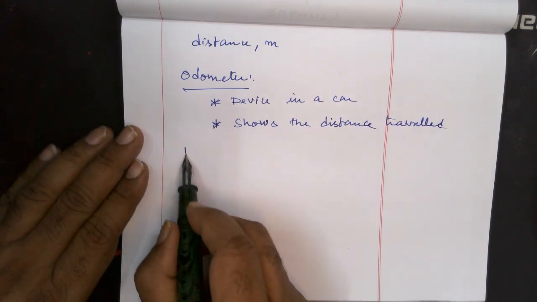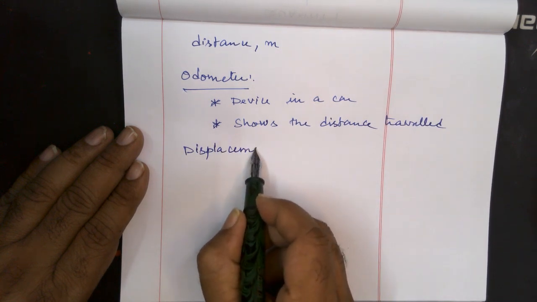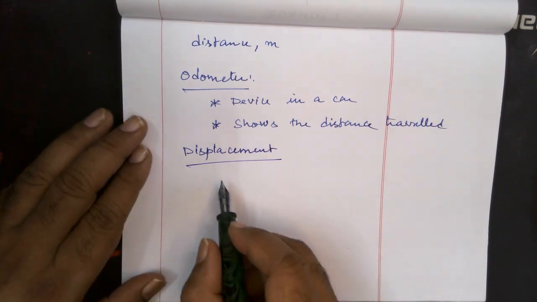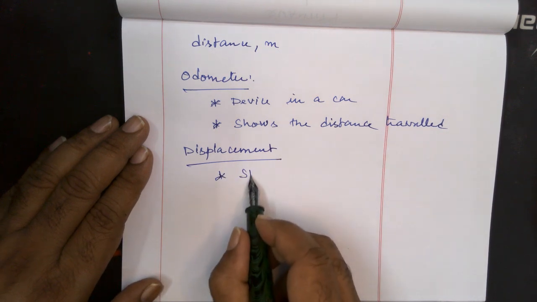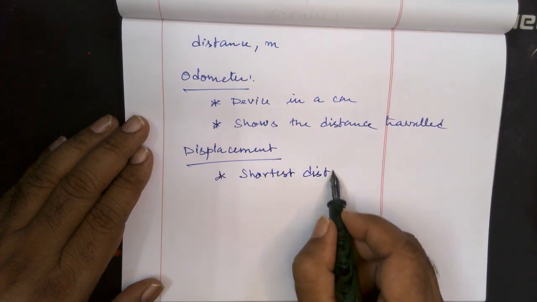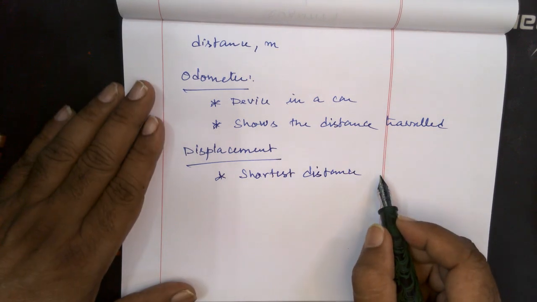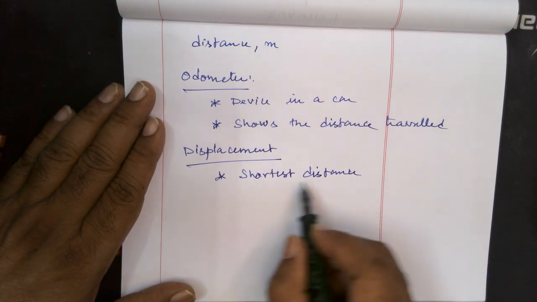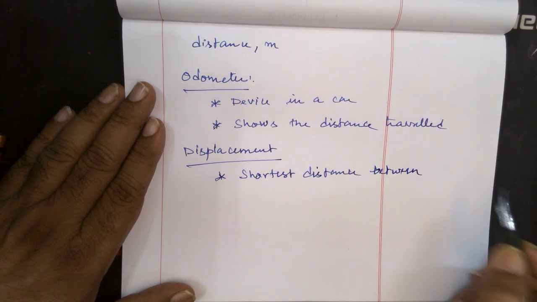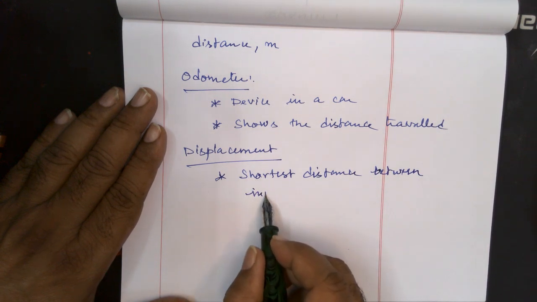Now let me explain about displacement. Displacement is the shortest distance between the initial and final position of the object.